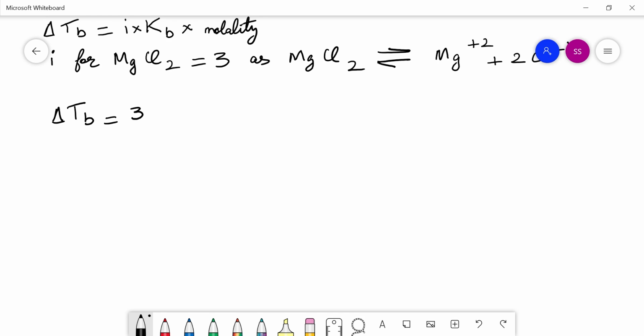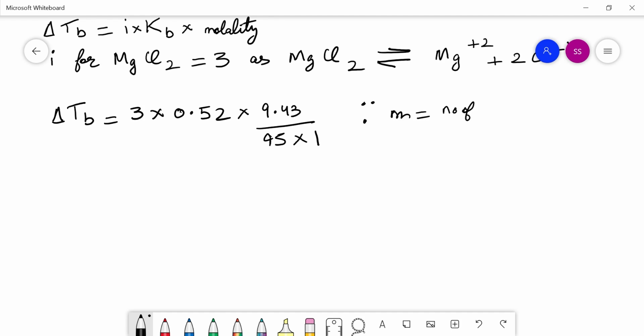Elevation in boiling point is equal to 3 into 0.52 into 9.43 divided by the molar mass 94.3 into 1, since the molality is equal to number of moles of solute by weight of solvent in kg.